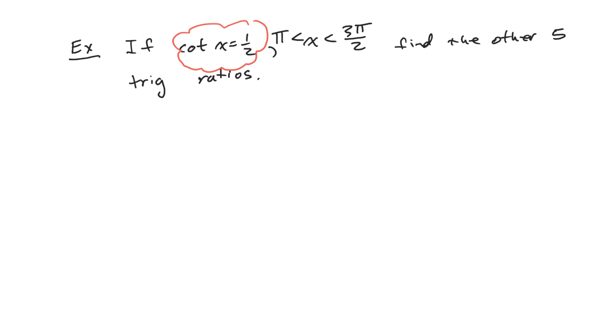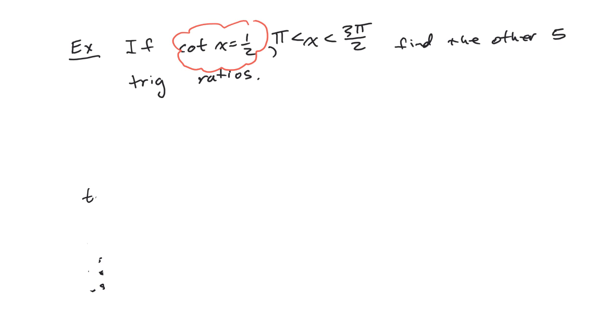Now, my question for you is, can you find the other ratios for, say, tan, cos, secant, sine, secant, cotangent, and cosecant, CSC? Can you find all those different ratios?